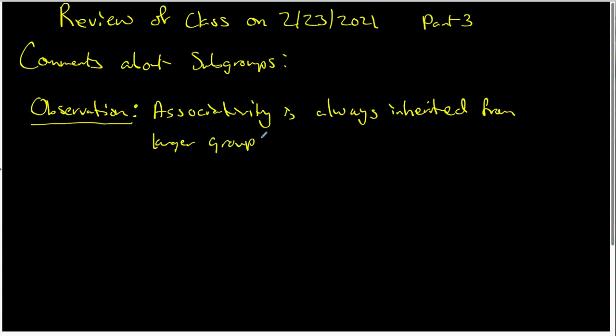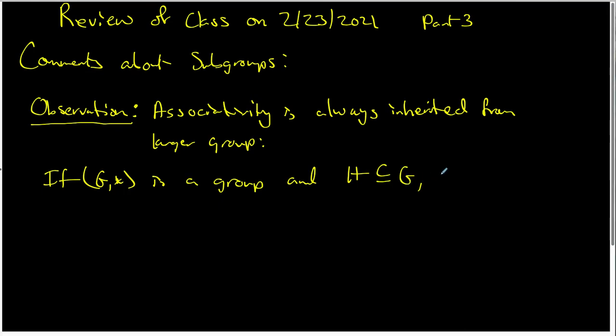In other words, if G under, say, star is a group, and H is any subset of G, then the algebraic structure H under star, while it may or may not be closed, is always going to be associative.